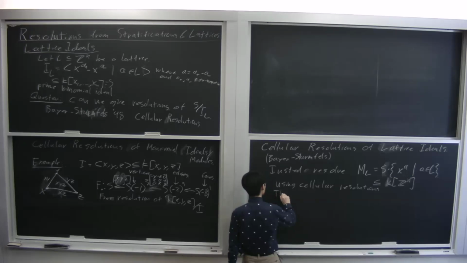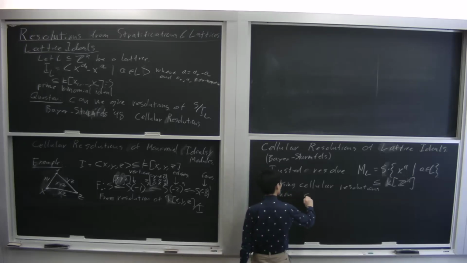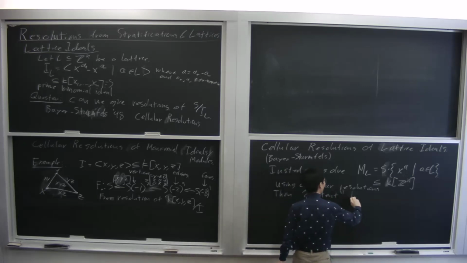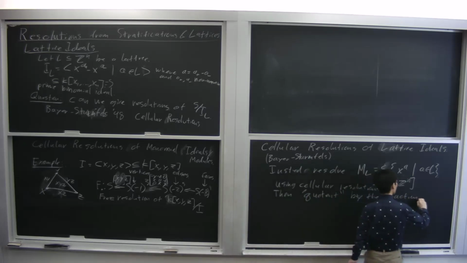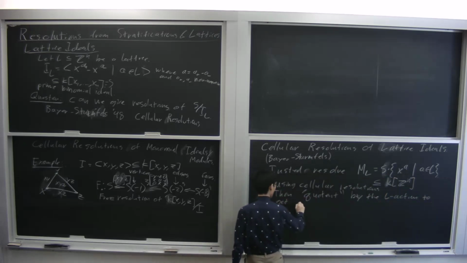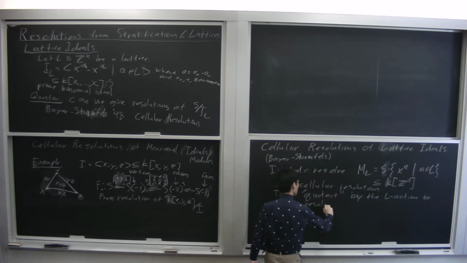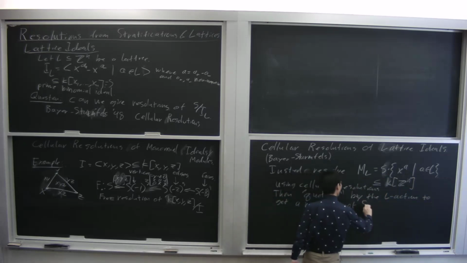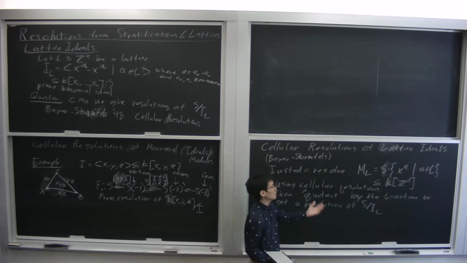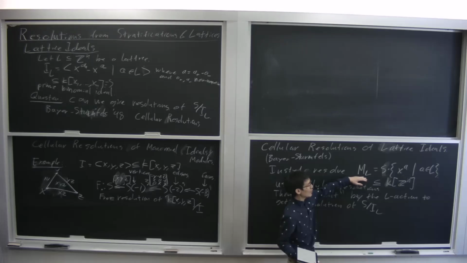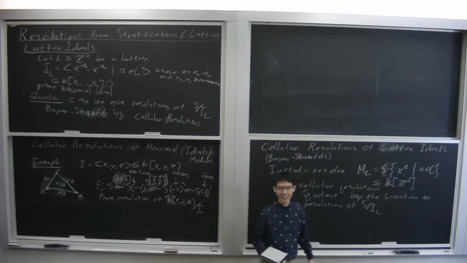And then quotient, put this in quotes for now, by the L action to get a resolution of S mod I_L. So the point will be that under this quotient by the L action, which is a little annoying to write down, so I don't want to worry about it, M_L will become S mod I_L.